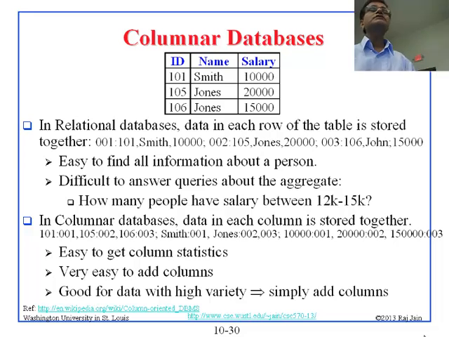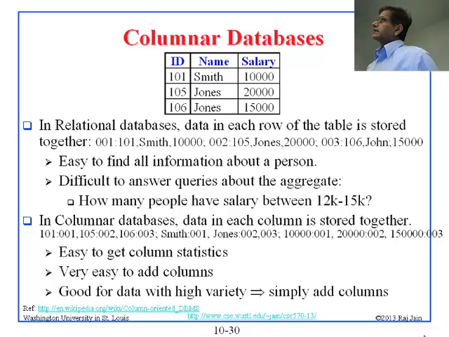So what you do is you store column-wise. That's all you do. So you will store like this: 101, 001, 105, 106. These are the keys and these are the values, which are the record locations.